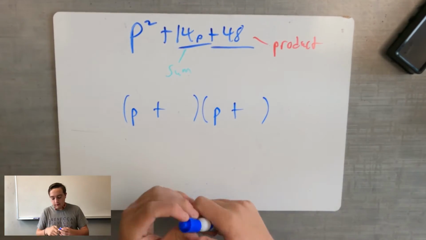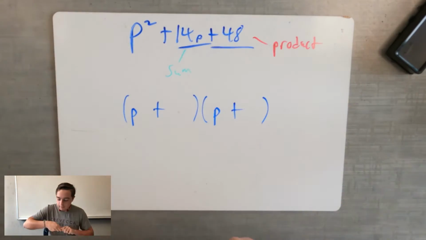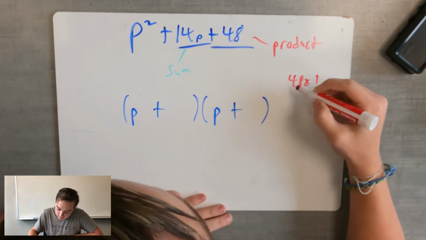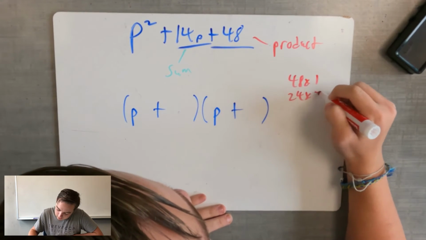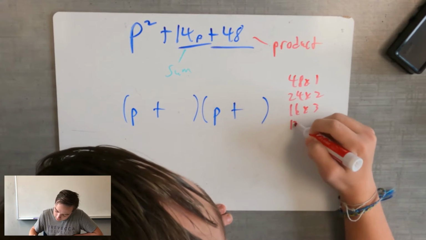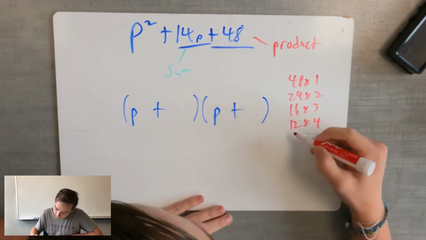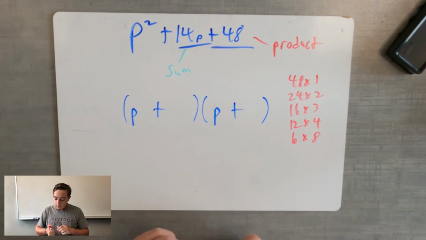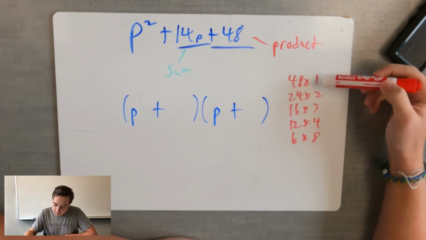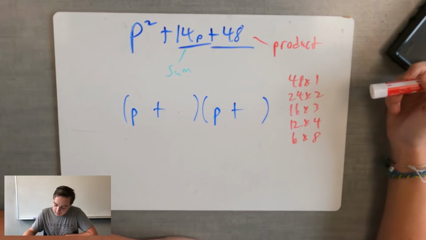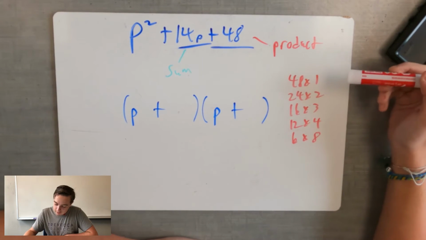Let's list off the numbers that multiply to 48. We've got 48 times 1, 24 times 2, 16 times 3, 12 times 4, and 6 times 8. What two numbers both multiply to 48 and add to 14? Let's go down the list. 48 times 1: does 48 and 1 add up to 14?